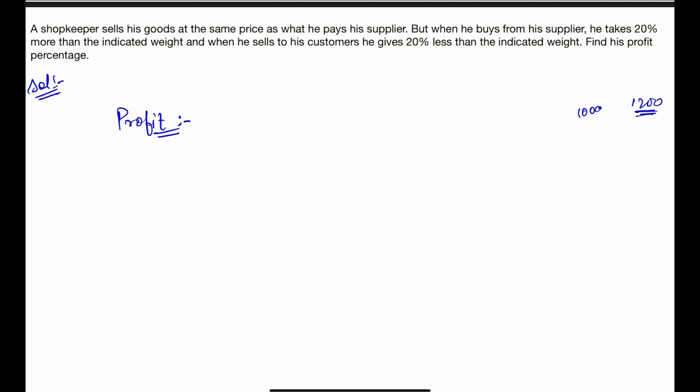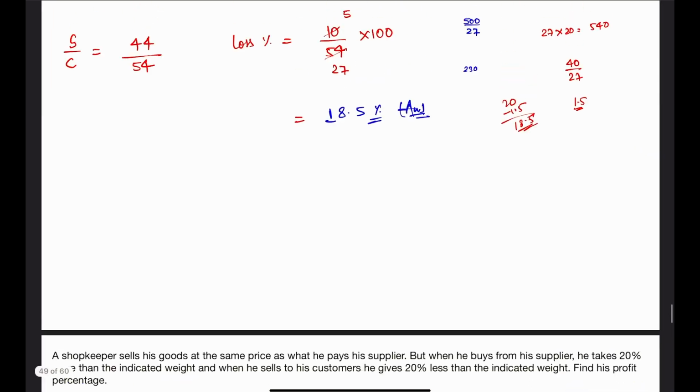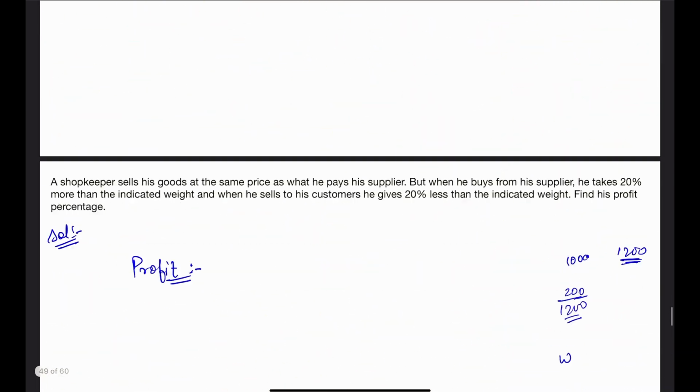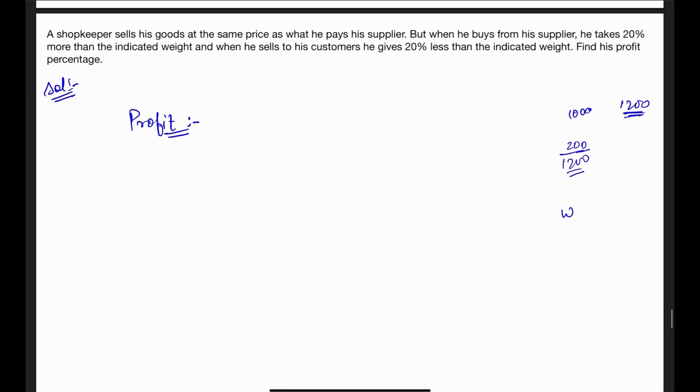The supplier who is selling to him is getting a loss, and the shopkeeper, let's just call him W, wholesaler. Yeah, wholesaler, let's call him shopkeeper.